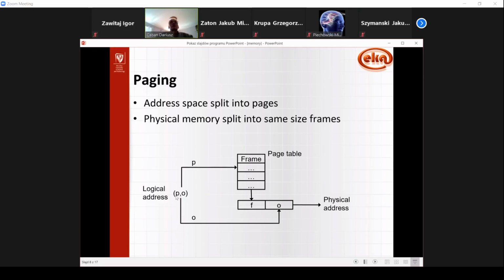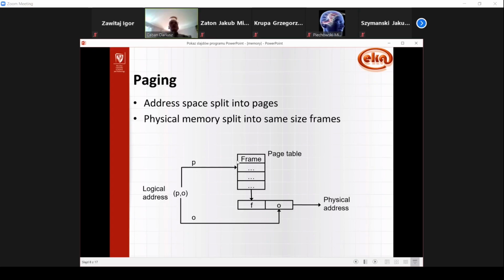So in the case of binary numbers, and that's what we are using in computers, the translation from logical to physical address just means replacing the page number with the corresponding frame number.